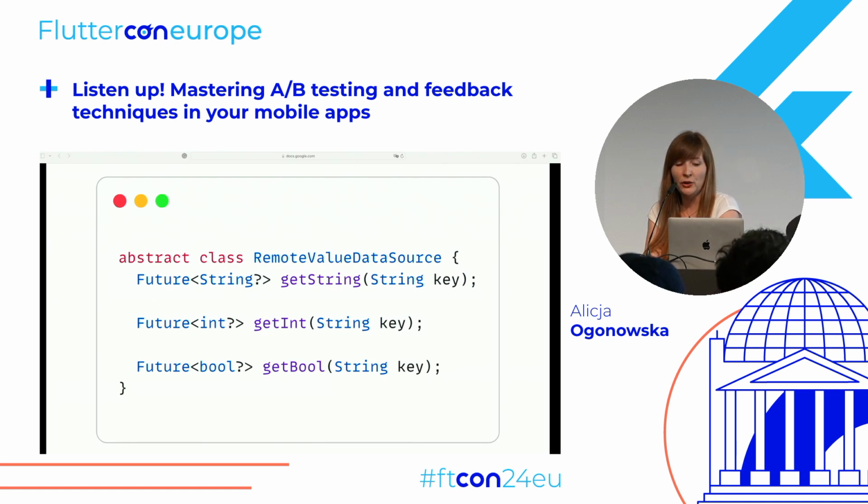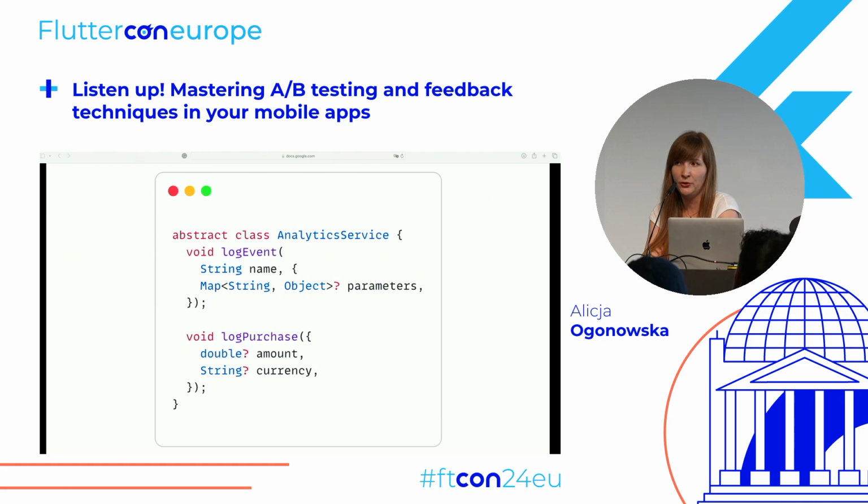And to be honest, until this point, the code is very generic. So you can also have just your mock remote value data source and test using that so that it's quicker for you. And the same I have for analytics, because I'll be trying out different tools.